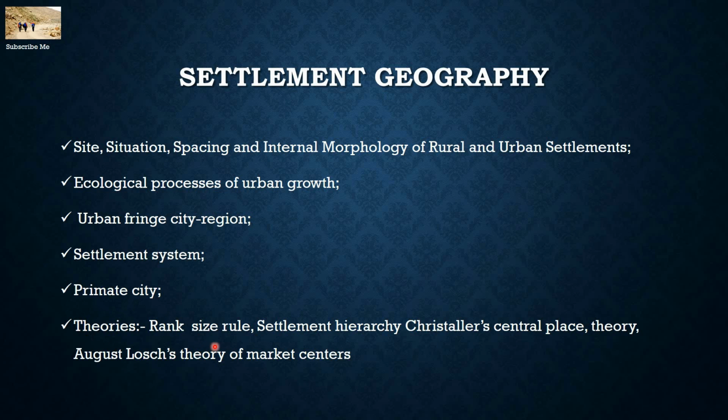Theories like the rank size rule, settlement hierarchy, Christaller's concept, central place theory. Oh my god, this is very, very important. We call it CPT, and daily CPT is based on that. Augustus Losch's theory of market centers is important, but Christaller is important.